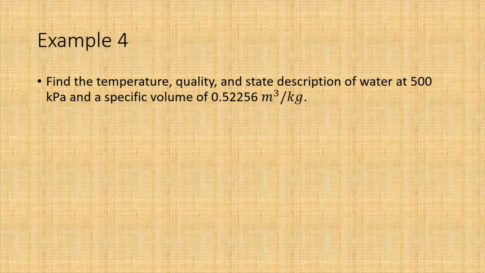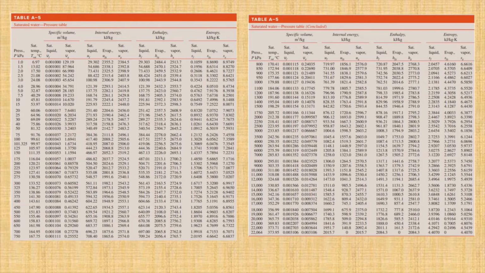In this example, we are given the pressure and specific volume, so we should head over to the pressure table to find the state description. The given pressure is in this portion of the table. So let's zoom in for a better view.